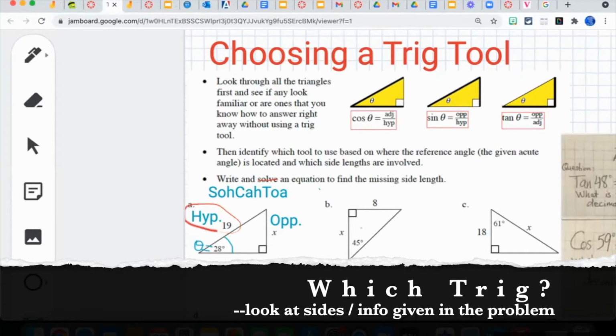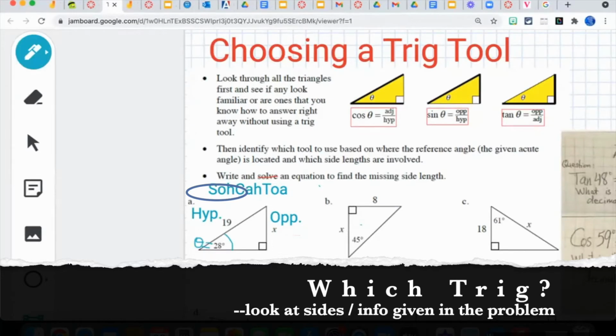We are given the hypotenuse, and you can see the hypotenuse is the H here and the H here. The second piece of information will decide which one we use. The opposite side is given in this one and also here, but the last one doesn't have the hypotenuse, so we don't use this one. The first one, the SOH, is the only one that we can use.